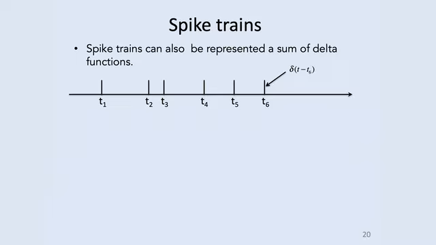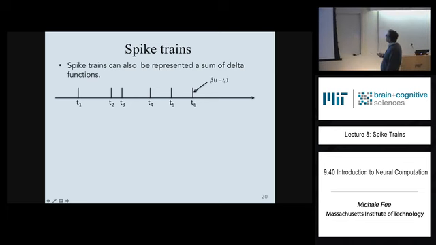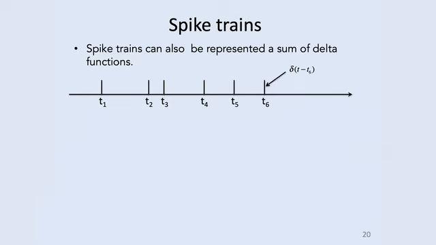Now we can also think of spike trains as a delta function. So you may remember that a delta function is 0 everywhere except at the time where the argument is 0. So this delta function is 0 everywhere except when t is equal to the time of the spike. At that time, the delta function has a non-zero value. Okay, so we can write down this spike train as a sum of delta functions.